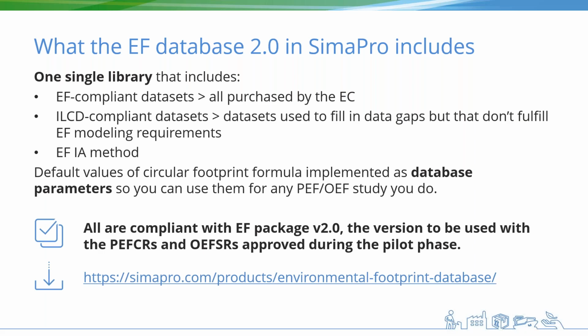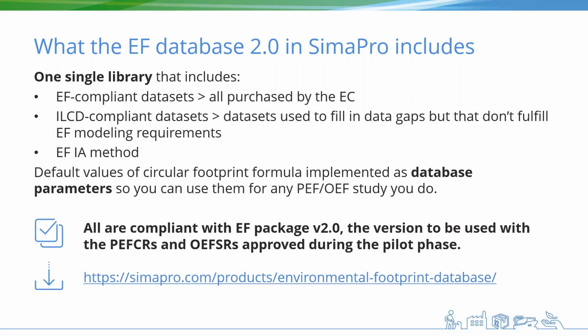To say a few more words about the EF database, at the bottom you see the hyperlink where you can find it and download it. That's the web page on our SimaPro.com website. Another thing I should say is that all of these datasets are compliant with the EF package version 2.0.